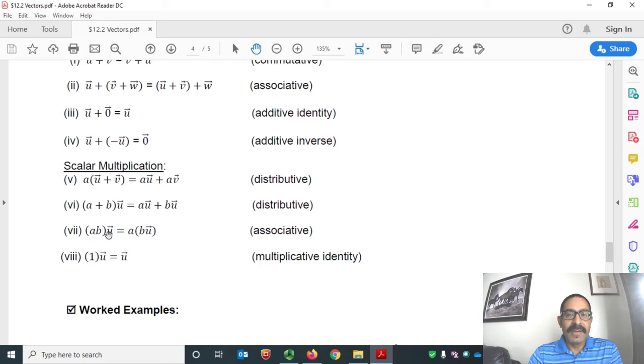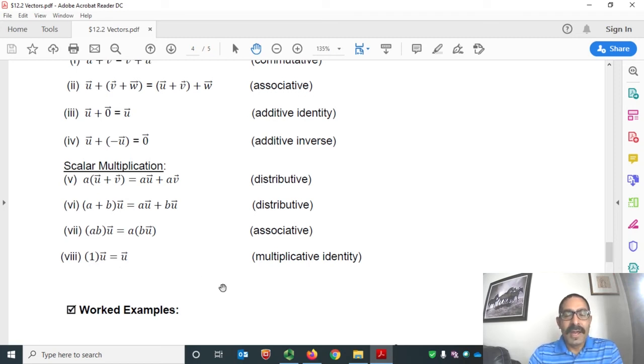If I have ab times u, I can multiply vector u by b and then by a, or multiply u by a and then b. It turns out the same, associative. And 1 is the multiplicative identity. 1 times u is always u.